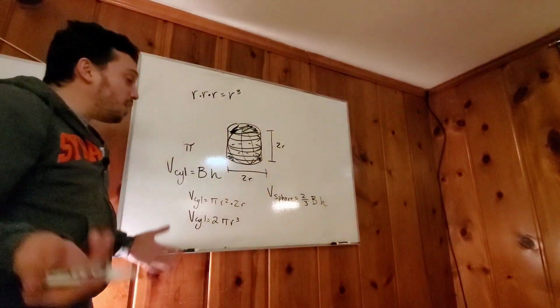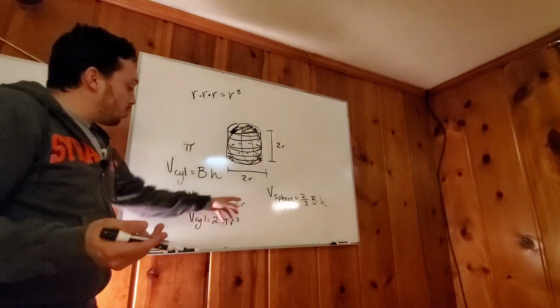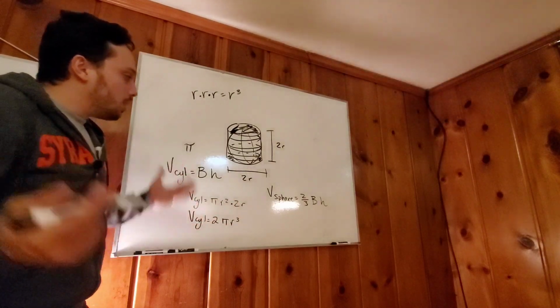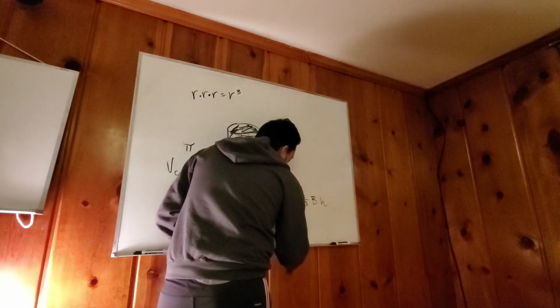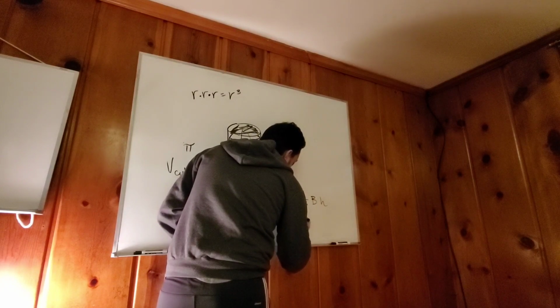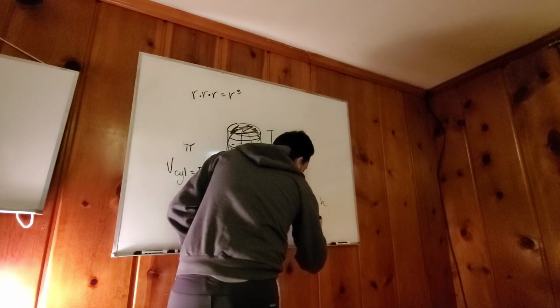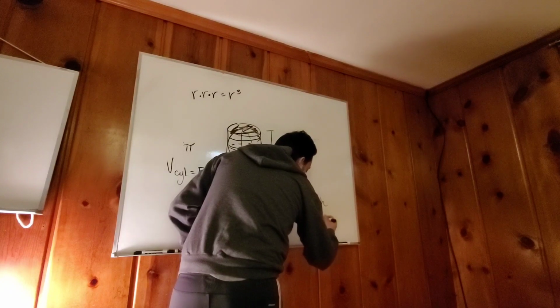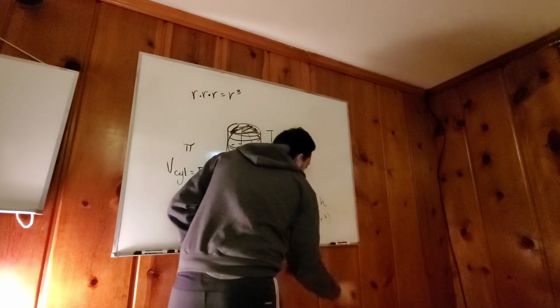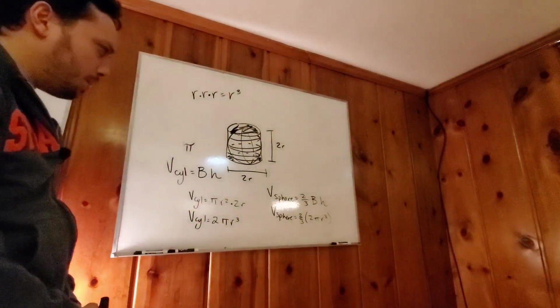However, we already found out big B times H over here. So let's just put that there. So the volume of the sphere is going to be 2/3 times 2 pi radius cubed. Yes? Pretty easy.